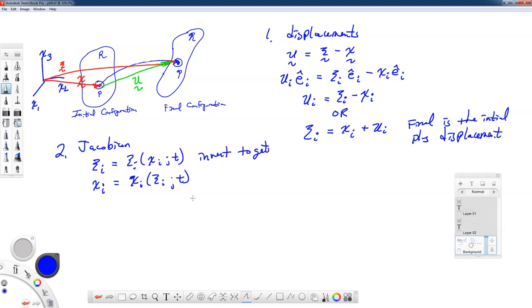And that invertibility also needs to go along with this assumption of the basics of continuum mechanics, and that we need to have relationships that are continuous and differentiable.